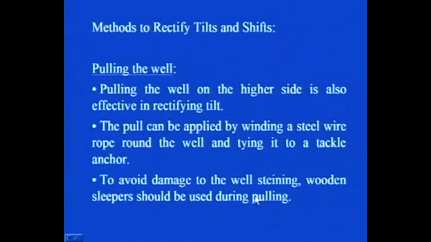Then the third one is pulling the well. Pulling the well on the higher side is also effective in rectifying tilt. The pull can be applied by winding a steel wire rope round the well and tying it to a tackle anchor. To avoid damage to the well steining, wooden sleepers should be used during pulling.